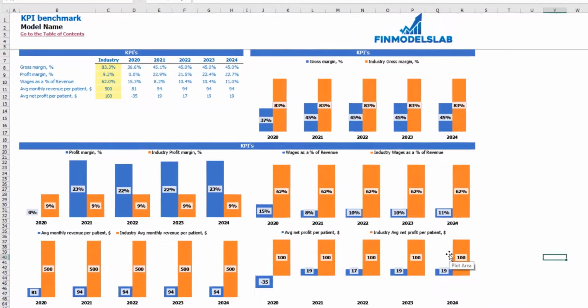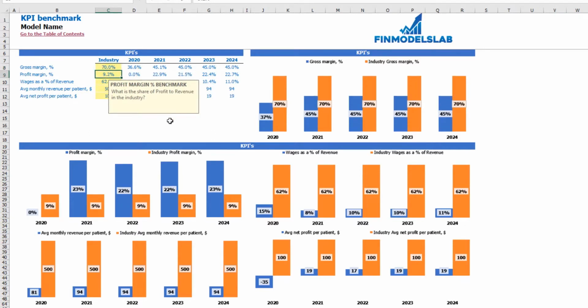On the KPI Benchmarks tab, you may see 5 main industry benchmarks, which are also changeable depending on your industry, depending on your country or region. For example, in your country, the benchmark of gross margin for this business is 70%, so you may see that on the gross margin KPI tab, the industry gross margin is updated, and this also works for all other 4 main KPI benchmarks.